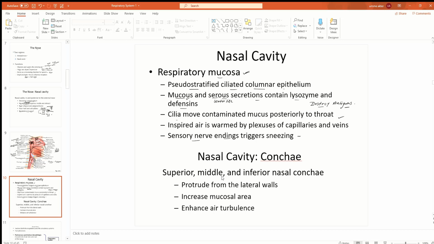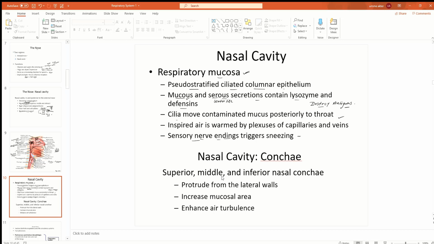You know that if you put something inside the nose, you will sneeze. Why? Because you have plenty of sensory nerve endings there. That makes the wall of the nasal cavity very sensitive, which is very good protection. If something enters the nose, you will sneeze to push it out forcefully, right?